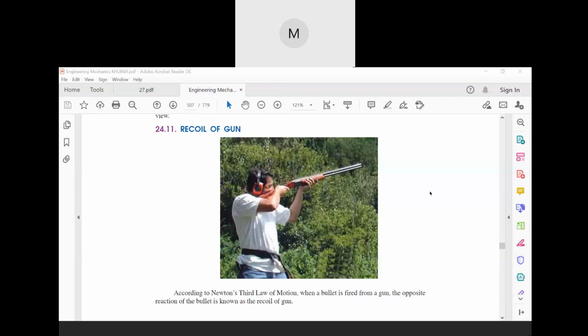As per Newton's third law of motion, m1 v1 equals m2 v2, or I can say the mass of bullet multiplied by the velocity of bullet equals the mass of the gun multiplied by the recoil velocity of the gun. So this is how Newton's law works.